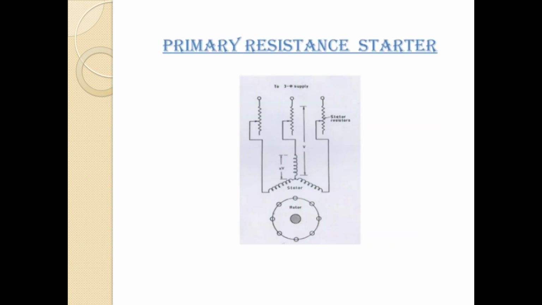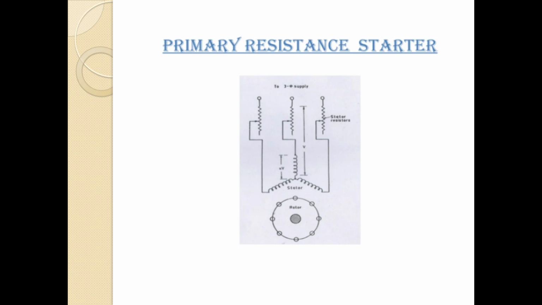Primary resistance starter. The primary resistance starter is also known as a reactor starter. It is connected in series with the supply terminal of the motor. The purpose of this resistance is to reduce the supply voltage.